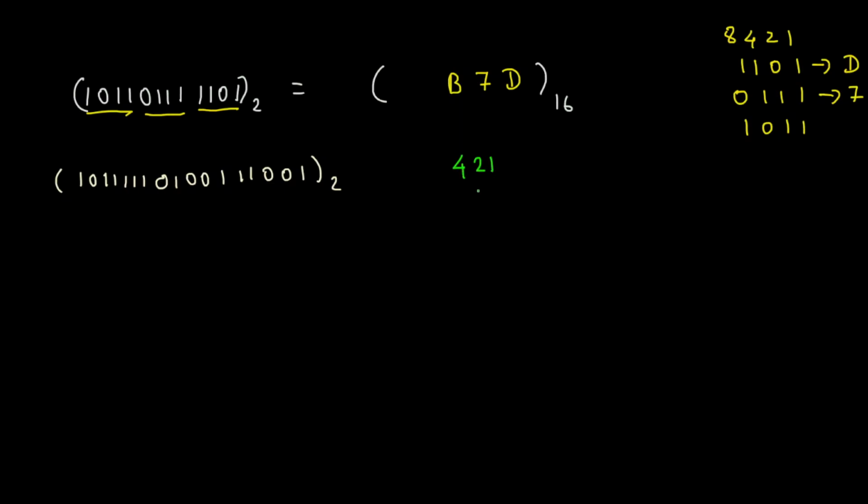Because each octal digit is 3 bits, we need to pick 3 digits from the binary, so we separate by 3. We check the first 3, second 3, third 3, fourth 3, and then fifth 3. If we don't have a full 3, we put a 0 in front of it.